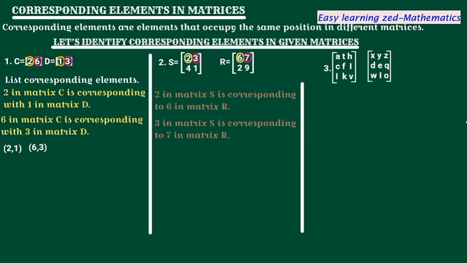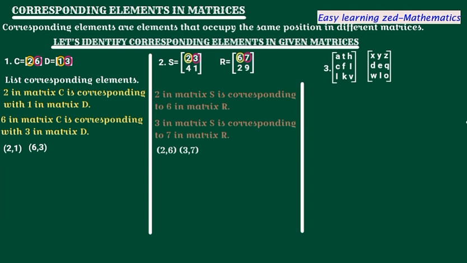Okay, now let's go back to example 2. Now we can say in example 2, 2 is corresponding to 6, so we can list them as 2, 6. And 3 is corresponding to 7, so we can list them as 3, 7.